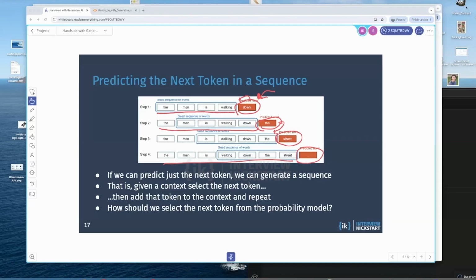The key takeaway is that if you've got a good model for just predicting the next token, then you can use that model to generate a sequence. Every time you pick a next token, you tag it onto your context, pass that back into the model, and generate the next one. One way you could do that is to just pick the most probable next token. In practice, there are different ways of selecting that next token.